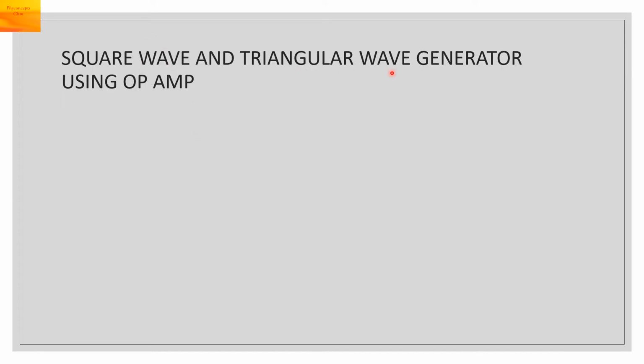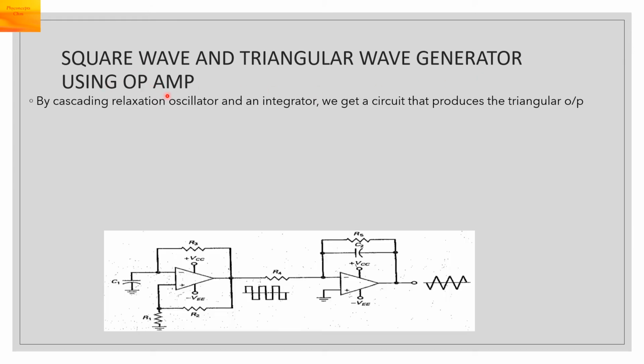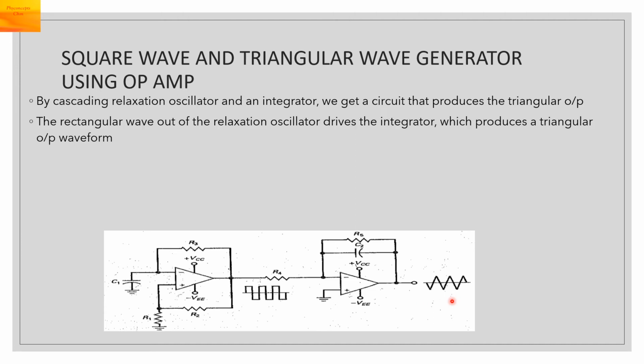Square wave and triangular wave generator using OPAMP. By cascading the relaxation oscillator and an integrator, we get a circuit that produces a triangular output. The rectangular wave of the relaxation oscillator is given to the input of the integrator, which will then produce a triangular output.